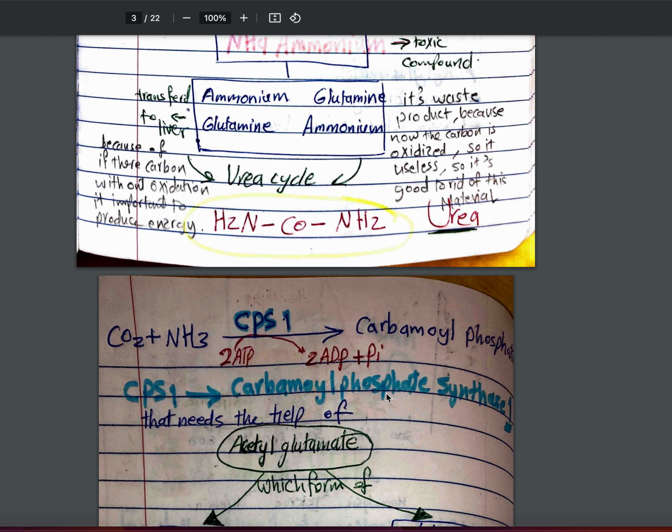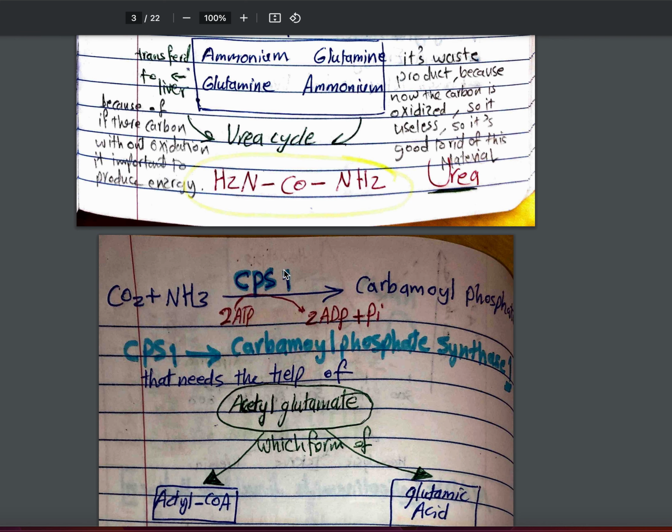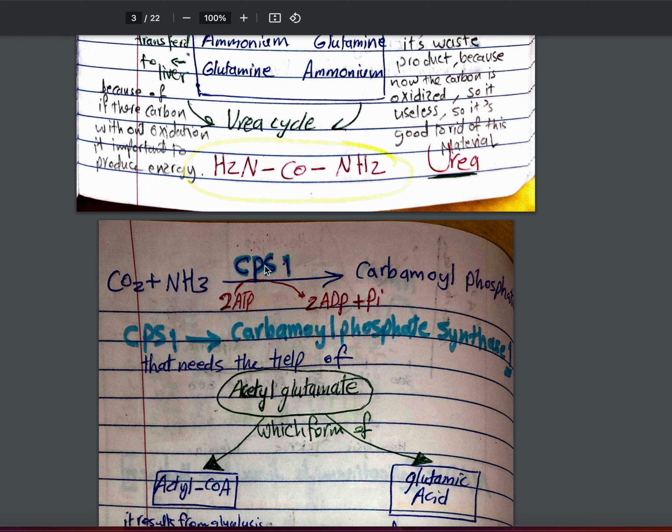We have CO2 plus NH3, which is ammonia resulting from the metabolism of protein, whatever the source, under the action of the enzyme carbamyl phosphate synthase 1, leading to the production of carbamyl phosphate, and it's a rate limiting enzyme. So it uses 2 ATP to produce 2 ADP plus phosphate group.